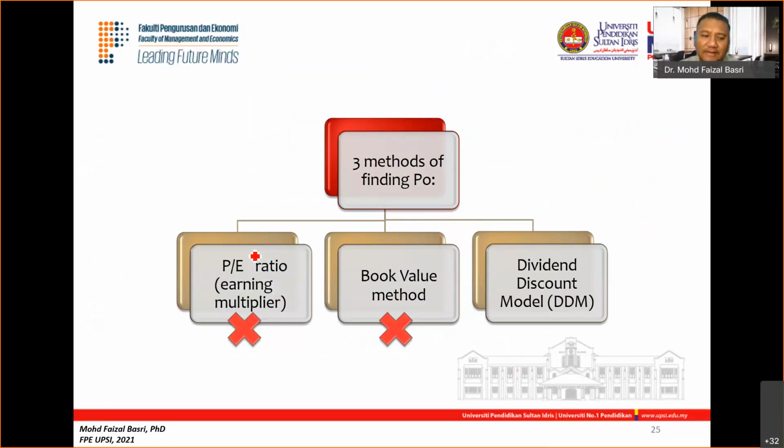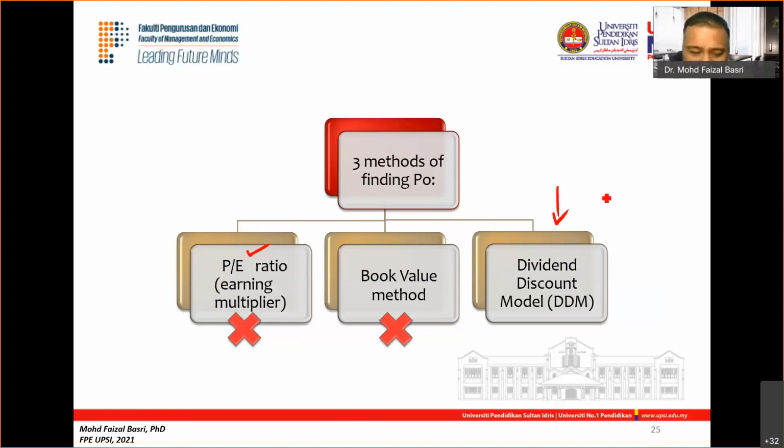For EE14, we're going to discuss this in the future, during investment portfolio, not for the rest. Only for EE14 students. But for us now, we just focus only on one method.